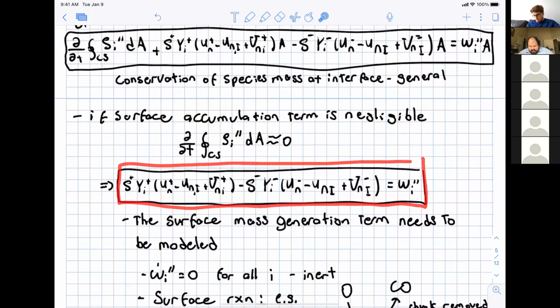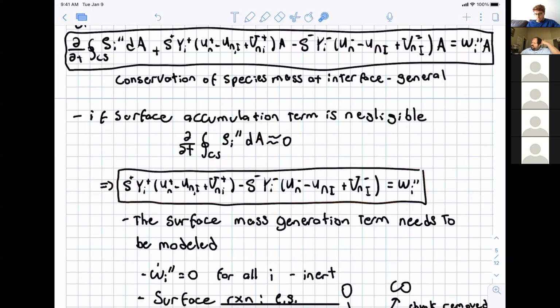Basically this is almost a standard conservation of mass balance, with the exception that we have a mass fraction here, I've pulled the diffusion velocity into these terms, and we have a generation term on the surface due to surface reactions. This looks pretty formidable, and this is a bit more straightforward to work with.